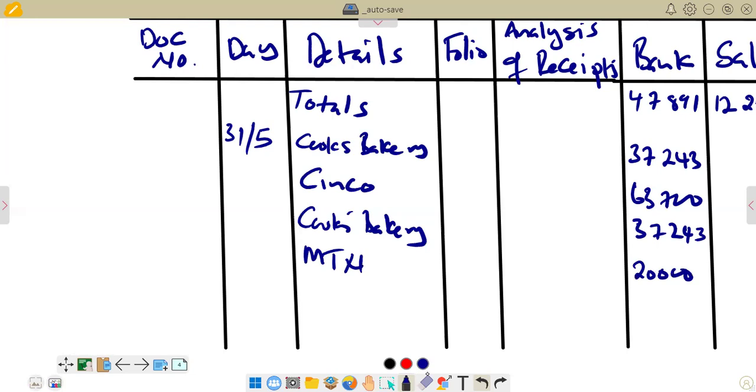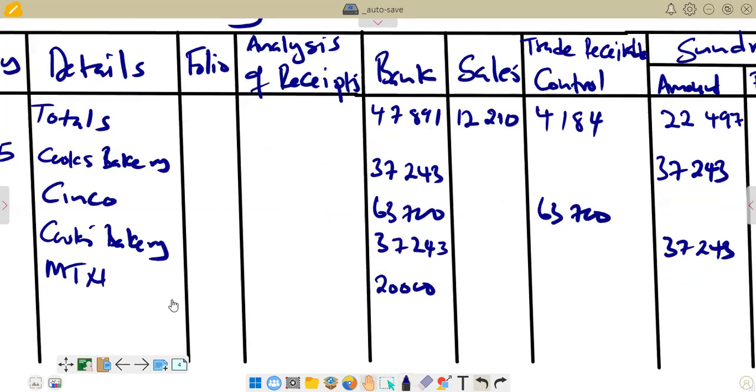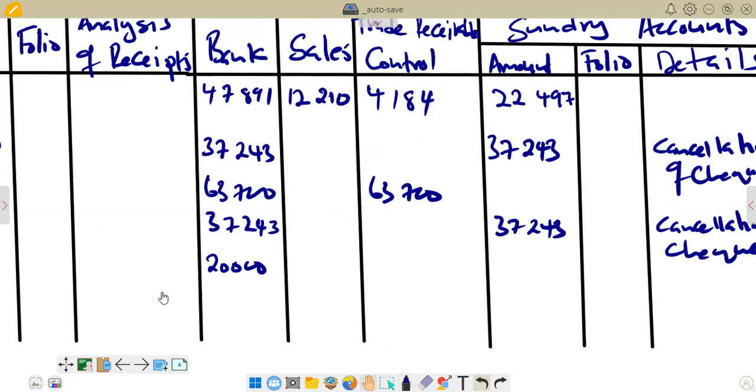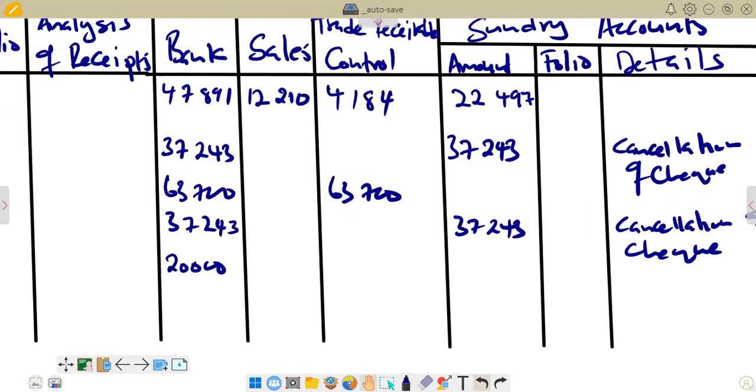It goes straight under sundry accounts. It was an overstatement of payment.